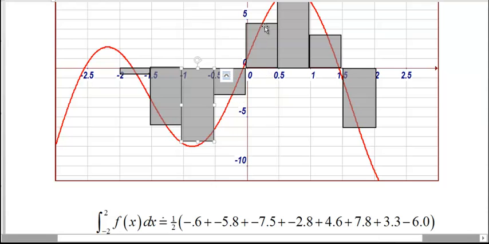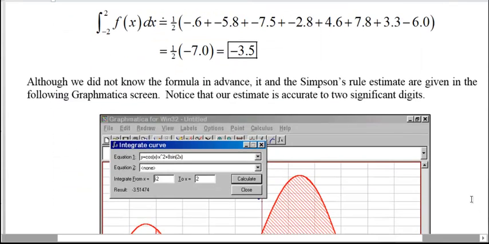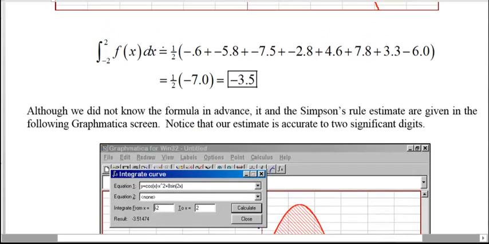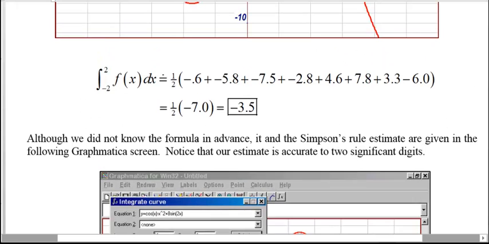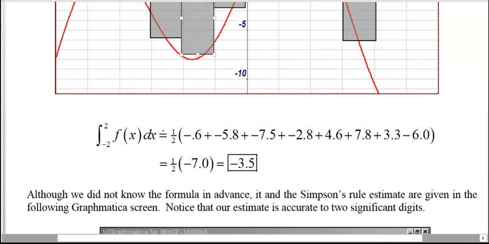This one I said was about 4.6. This one here I said was about 7.8. So there's 5, 6, 7, 8, about 7.8. The next one is 3.3. The next one is -6.0. Add those up, you get -7. Half of that is -3.5. And so that is our estimate of the integral.